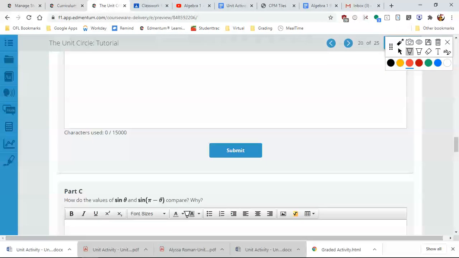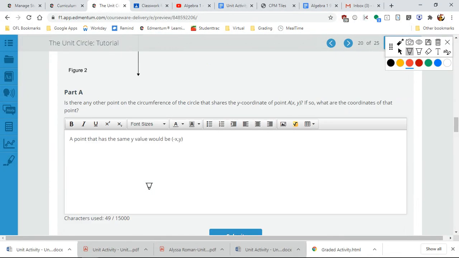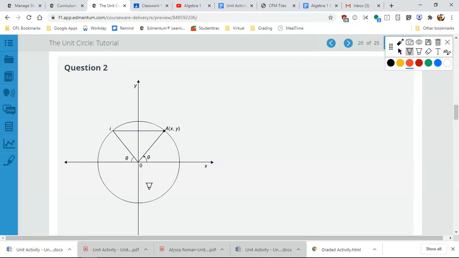So where is it? Well, first of all, I could cheat because Edmentum's really bad and it doesn't realize that gives me the answer right here. Or if I don't want to do that, I could realize that this is 180, but we're going to take away that theta.